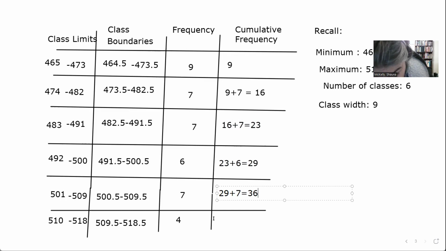And 36 plus 4 is 40. Now, if you add all of your frequencies, 9 plus 7, 16. 16 plus 7, 23. 23 plus 6, 29. 29 plus 7, 36. 36 plus 4.